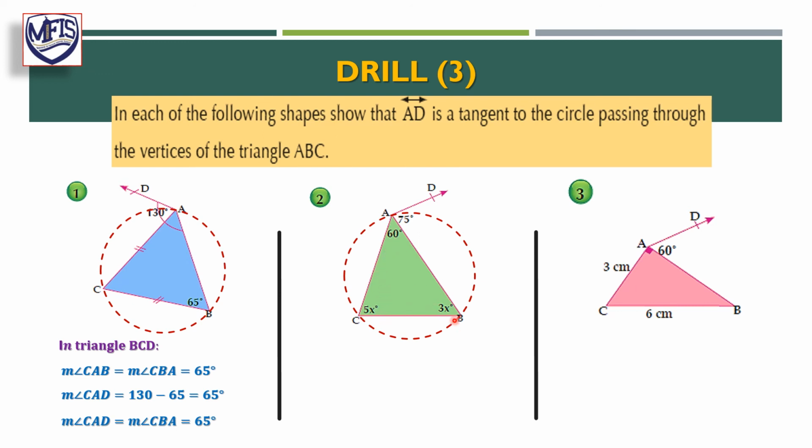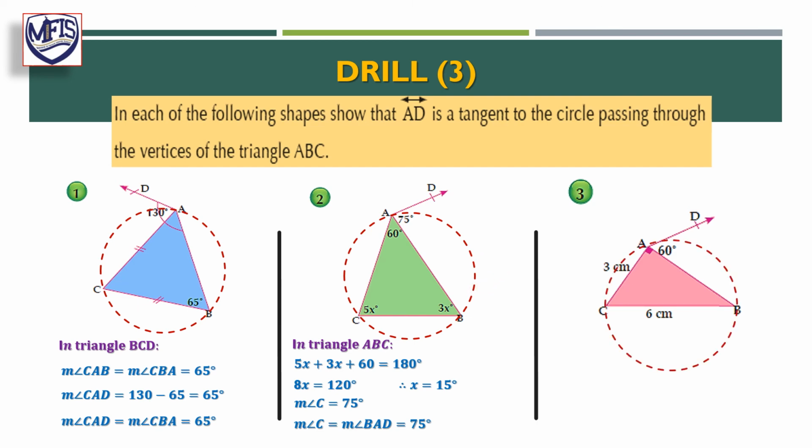As we can see here, in triangle ABC, 5x plus 3x plus 60 equals 180. Therefore, 8x equals 120. Therefore, x equals 15. Now, measure angle C equals 5 times 15 equals 75. Now, measure angle DAB equals measure angle C. That means this straight line is tangent of the circle which passes through the three vertices of triangle ABC.